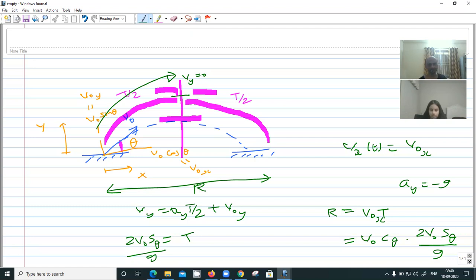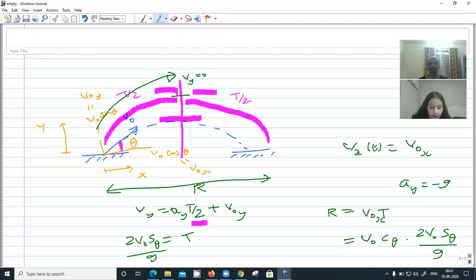So whenever this is symmetric projectile motion, the first thing to do is to calculate the time of flight. By this half motion, the time taken to go for this half motion is capital T by 2.